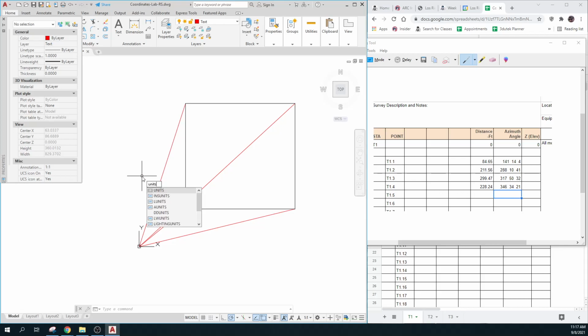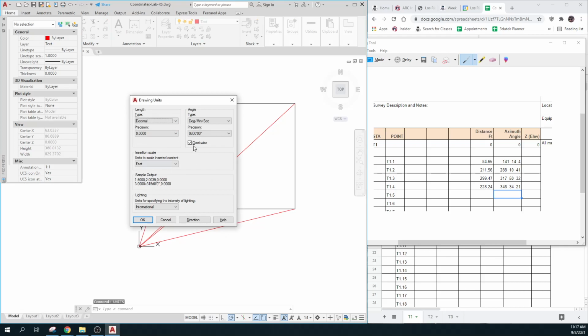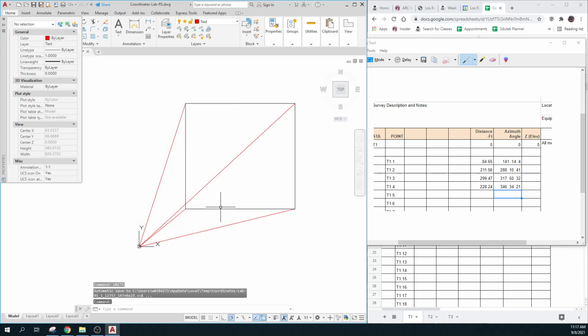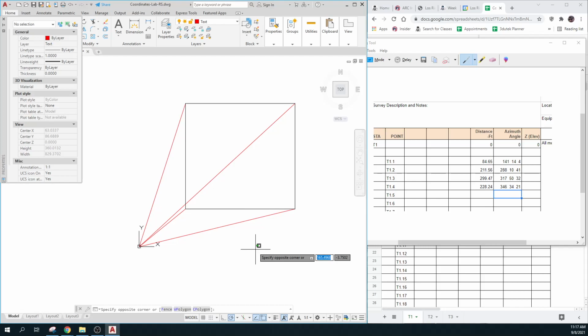So when you do your units, you want to make sure that your angles are measured in a clockwise direction. And we're so used to seeing the angle being from here to here, 45 degrees, but in this case it's the long way around.